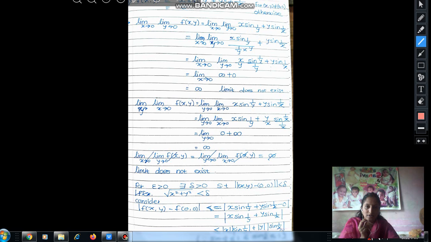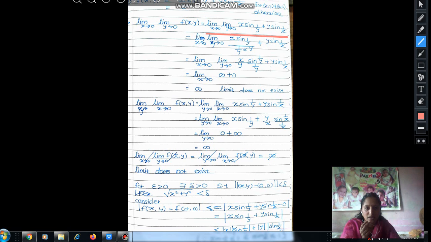So consider first, limit x tends to 0, limit y tends to 0, of x sine 1 upon y plus y sine 1 upon x. Now putting y is equal to 0, what remains is limit x tends to 0 of x sine 1 upon y plus y sine 1 upon x.